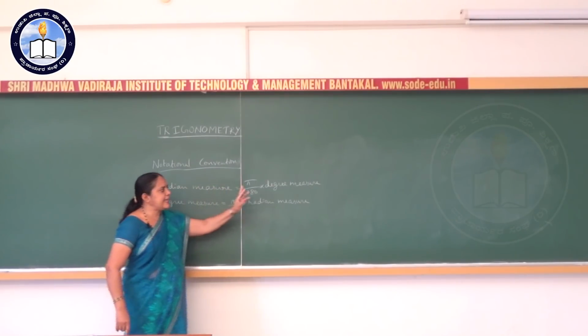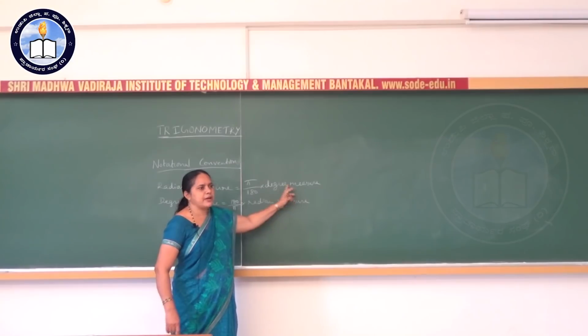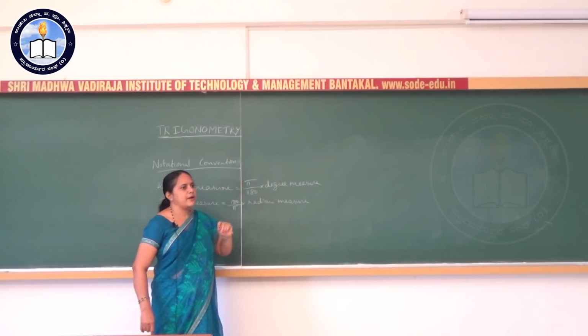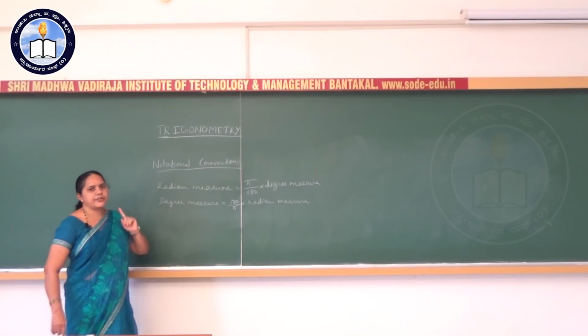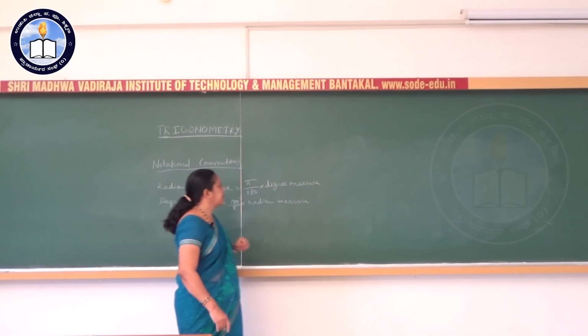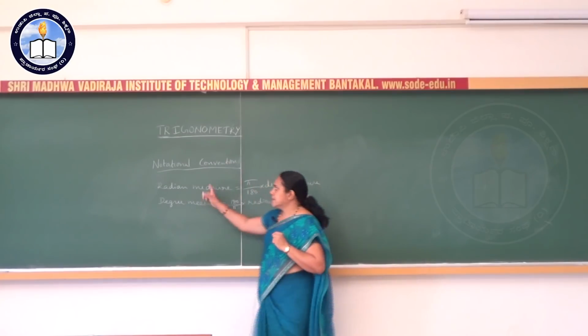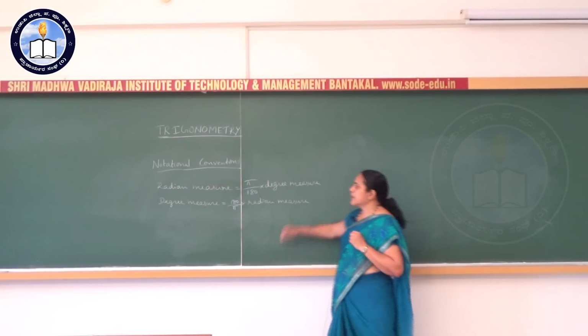Given any angle in degree measure, we can find its radian measure, and given an angle in radians, we can find its degree measure by these two formulas.